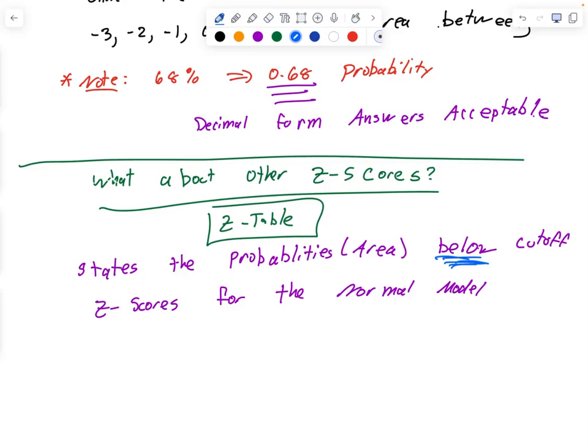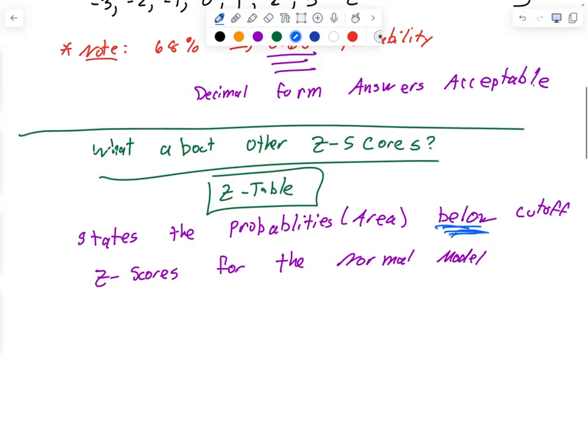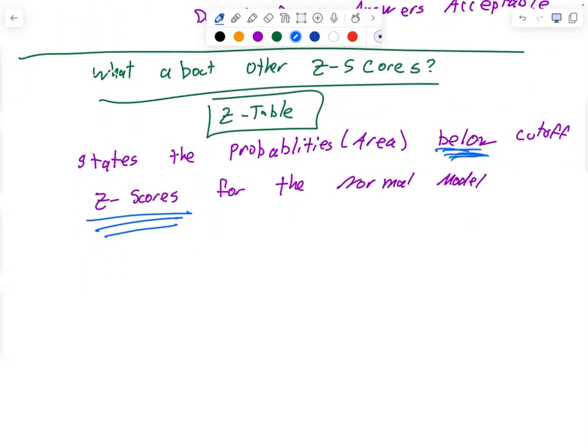So your first step that you're going to have to do in all of the problems is to find the z-score. So how do we use it? Step 1. What's step 1? What do you think step 1 is? That's a previous review one. What is the first thing we're going to have to do?